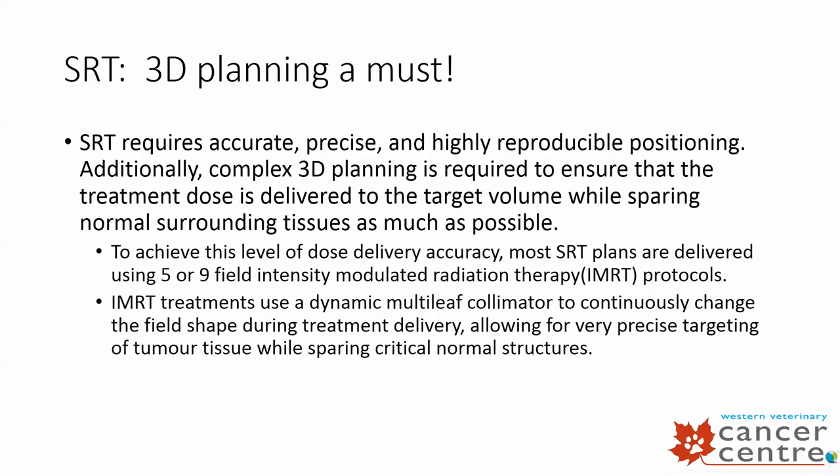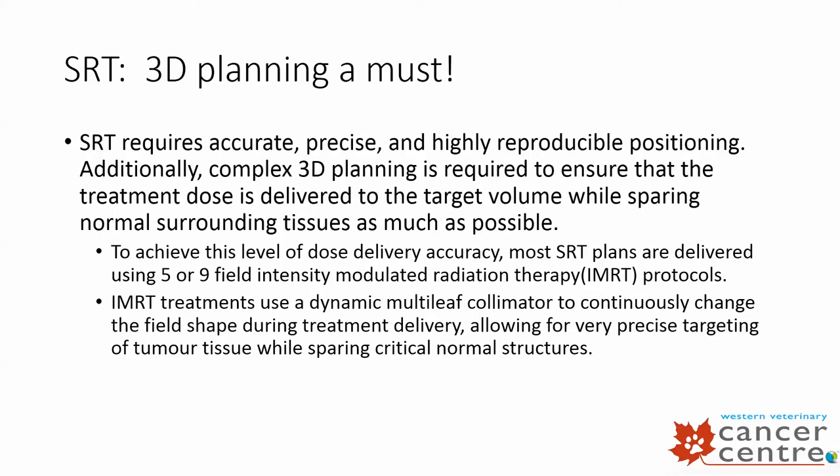So when we think about stereotactic RT, the very first thing that we have to achieve is 3D planning, and you can't do stereotactic without 3D planning systems. So we need an accurate, precise, and highly reproducible positioning, and then we need complex 3D planning so that we can identify the actual structures that we wish to deliver radiation to, such as the tumor volume, but also structures that we want to avoid.